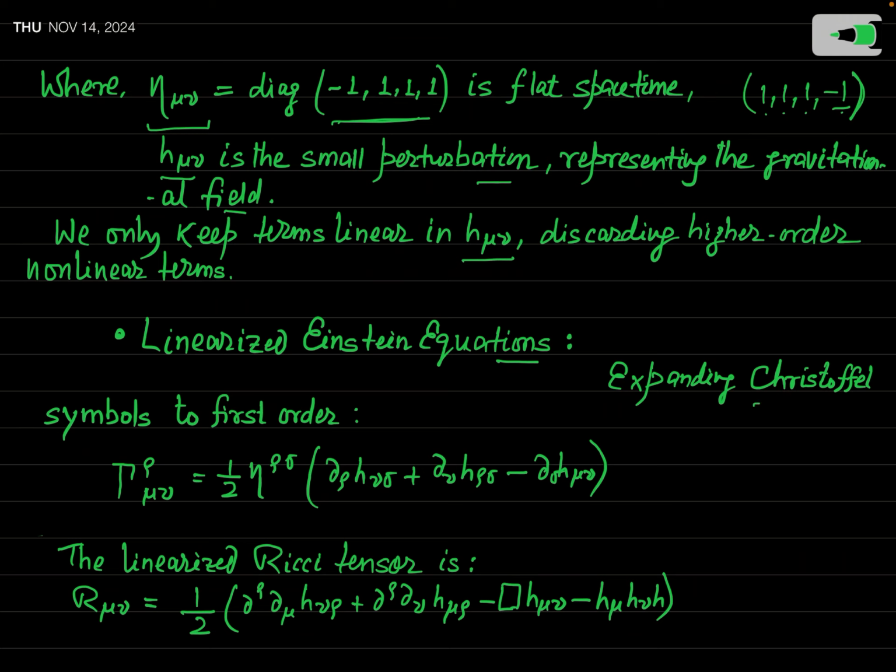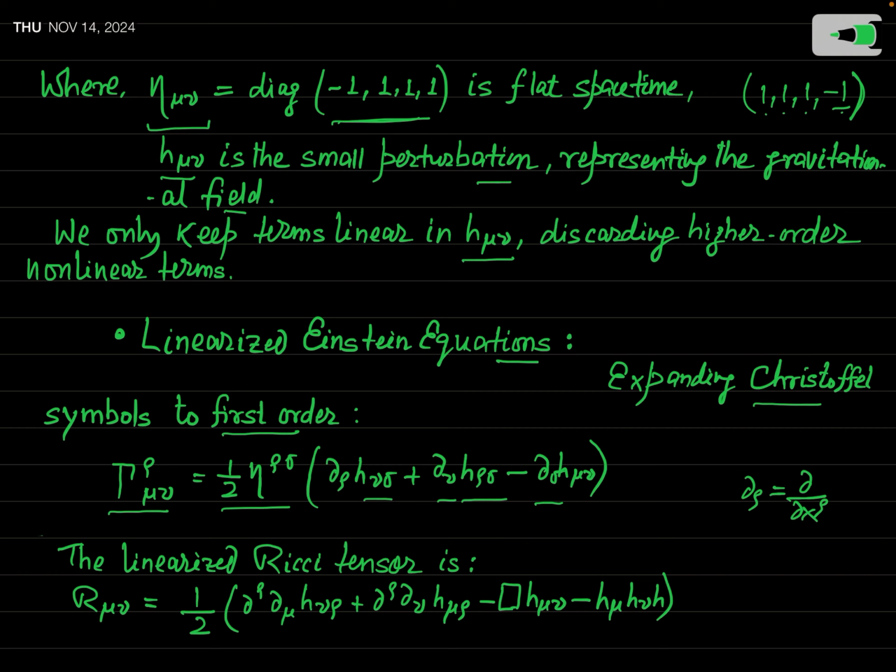So now let us expand the Christoffel symbols to first order only. In first order, the Christoffel symbol is written as gamma rho mu nu equal to 1 over 2 eta rho sigma times del mu h nu sigma plus del nu h mu sigma minus del sigma h mu nu. Here, when you write del rho or del nu, this is the partial derivative operator, del over del x rho.